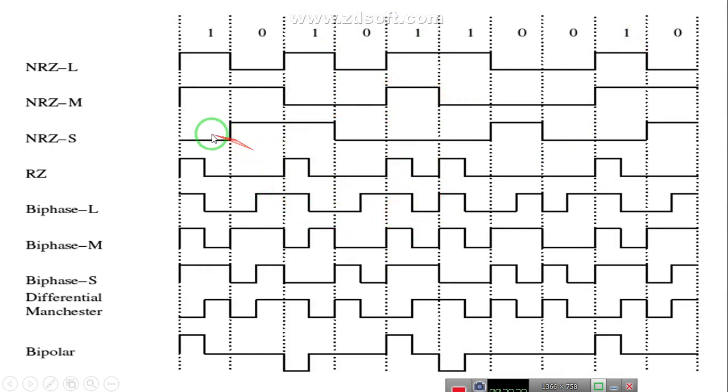This is the data that has been given. You can see what we have studied up till now, represented on this common screen: NRZ-L, NRZ-M, NRZ-S, RZ, biphase, Manchester and differential Manchester, all the things.